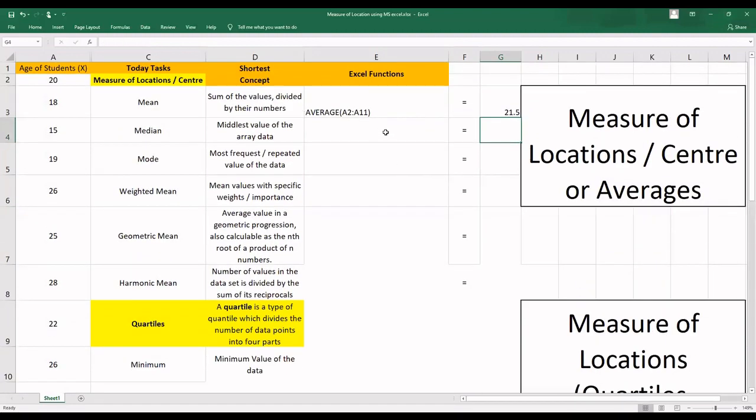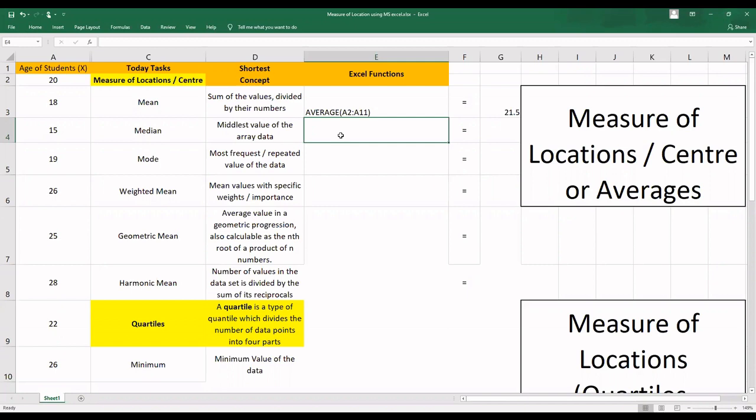So you can see that the average function is AVERAGE A2 colon A11, the data from A2 to A11, and the value is coming 21.5. We have seen the concept: the sum of the values divided by their number. The answer for the 10 values of the ages of the students is that the average age is 21.5.